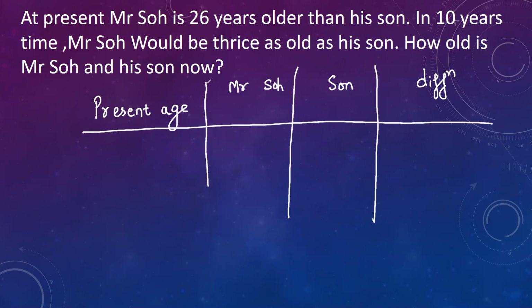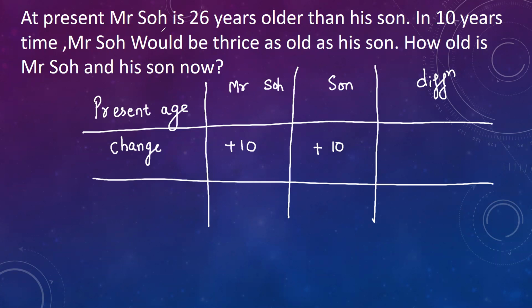Then what is the change? The change is plus 10, right? Mr. So is 26 years older. That is the difference, because that is the difference between Mr. So's and his son's age at present.